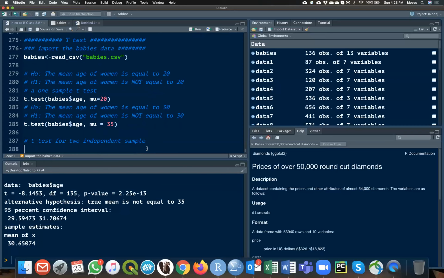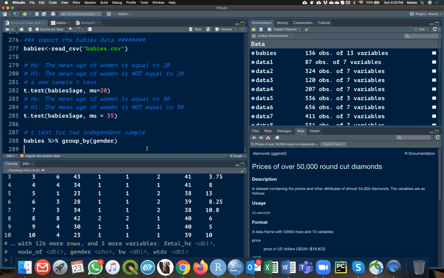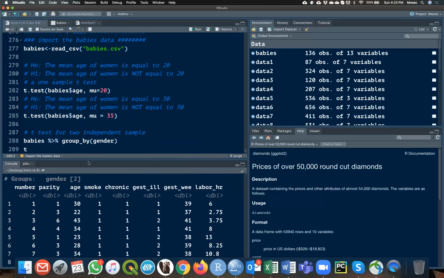Okay, so we can do the same. The best way is to group the data set, though it does not necessarily matter, but you can just be sure. If you remember, we have been using this pipe for so long, so we group it by the variable called gender. We do that, and then it flags something here, don't worry. And then we perform a t-test.